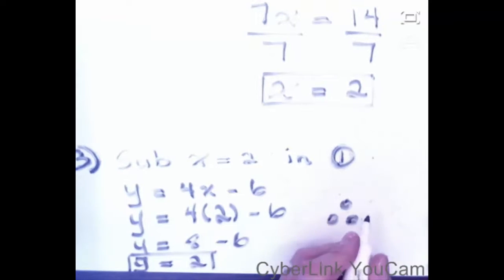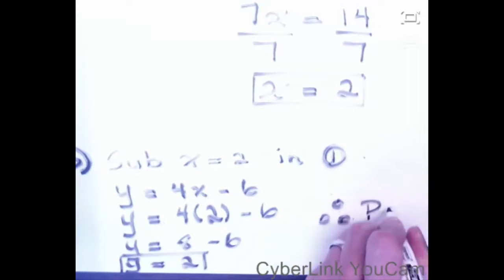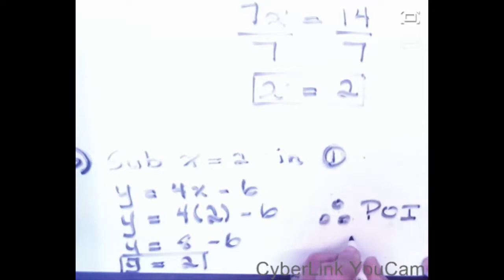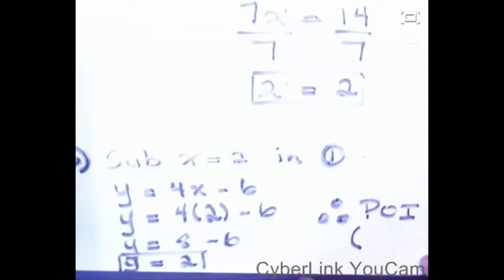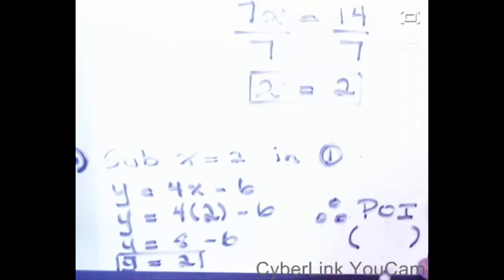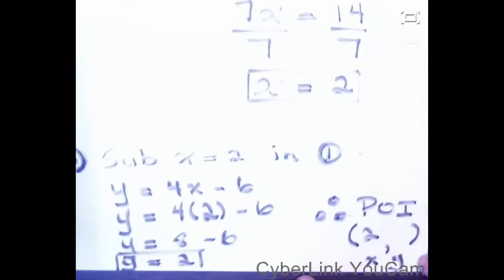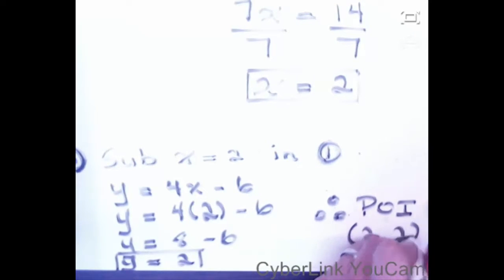I conclude that the point of intersection, okay, you just write it in order. You put the x value first, so 2, and then you put the y value, which also happens to be 2. So these two lines, if we were to graph them, they would meet at the point 2, 2 on the xy grid.